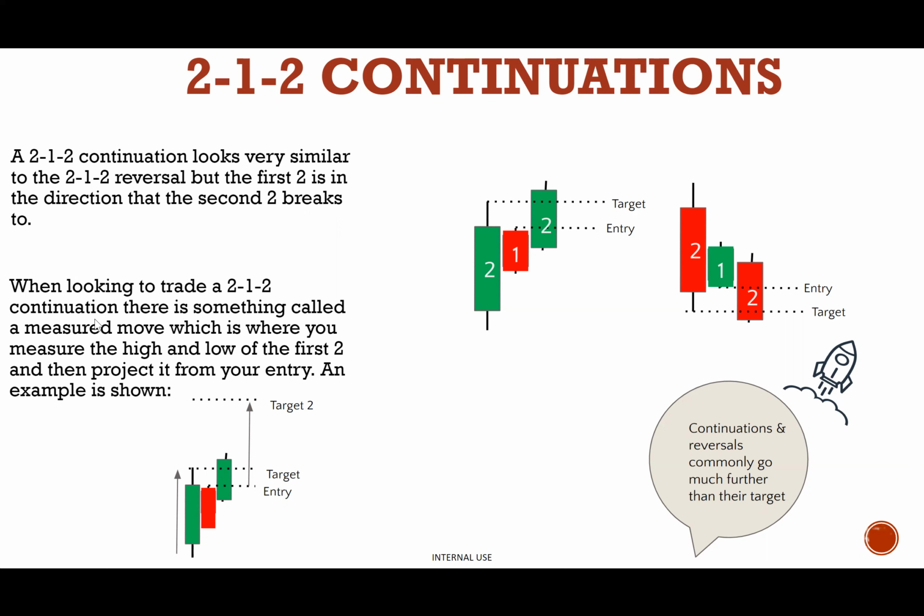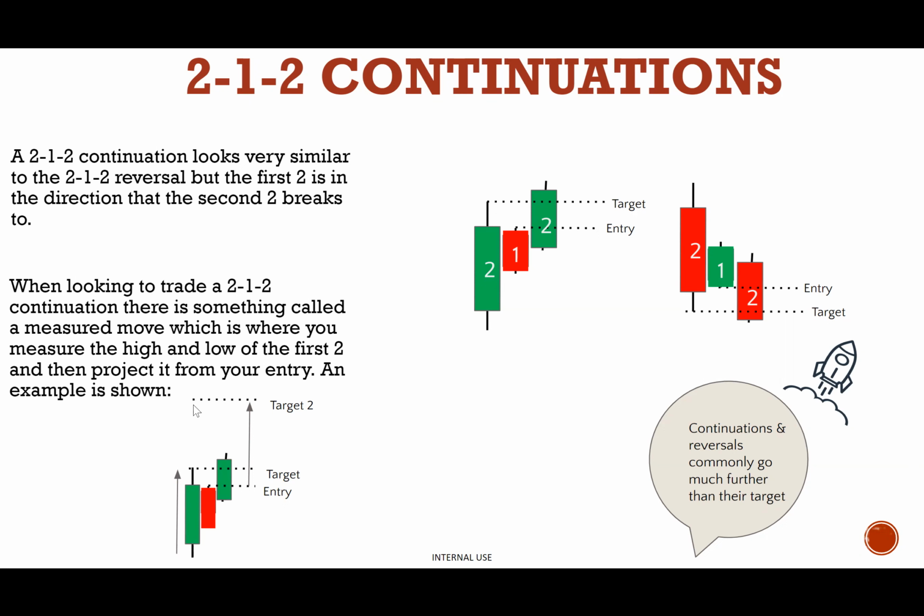When looking to trade a 2-1-2 consolidation, there is something called a measured move, which is where you measure the high and the low of the first two, and then project from your entry. An example is shown right here. And this would be your measured move.